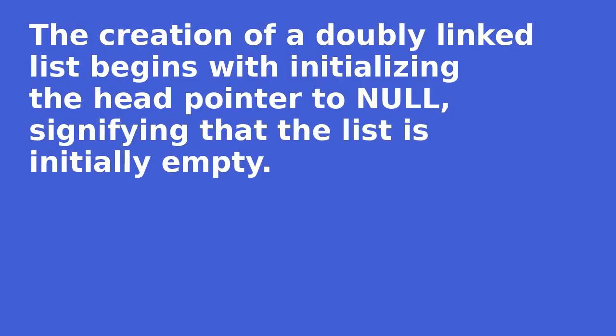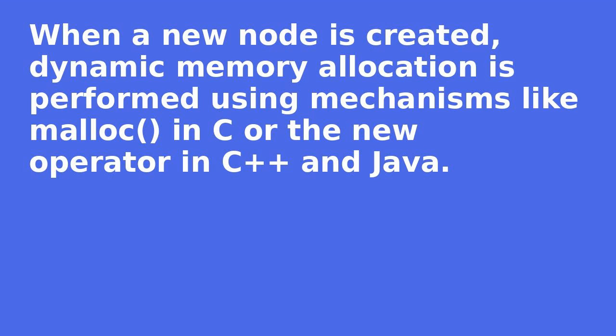The creation of a doubly linked list begins with initializing the head pointer to null, signifying that the list is initially empty. When a new node is created, dynamic memory allocation is performed using mechanisms like malloc in C or the new operator in C++ and Java.